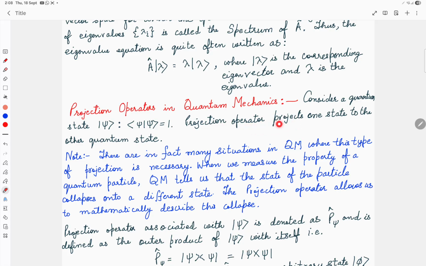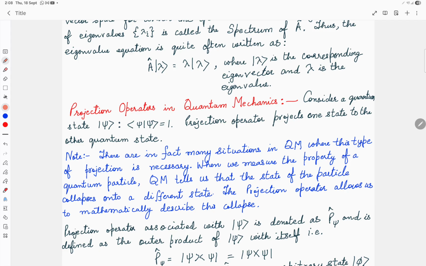This is a very important point to be considered, because there are many situations which can result in a change of quantum state from one state to the other. There are in fact many situations in quantum mechanics where this type of projection is necessary. When we measure a property of a quantum particle, quantum mechanics tells us that the state of the particle collapses into a different state.